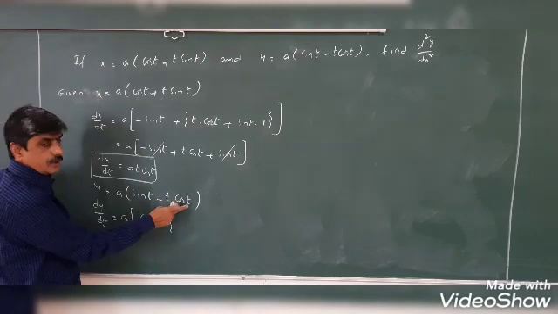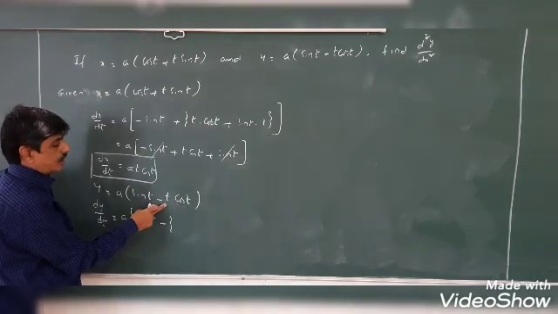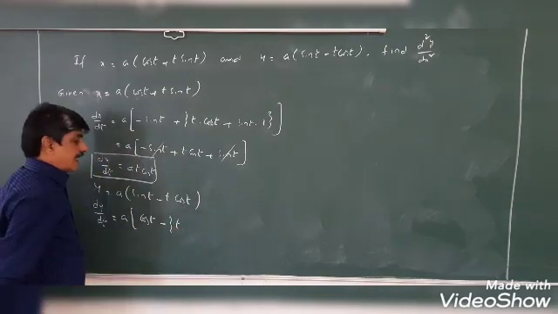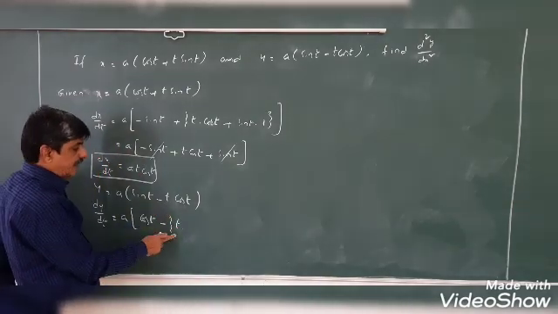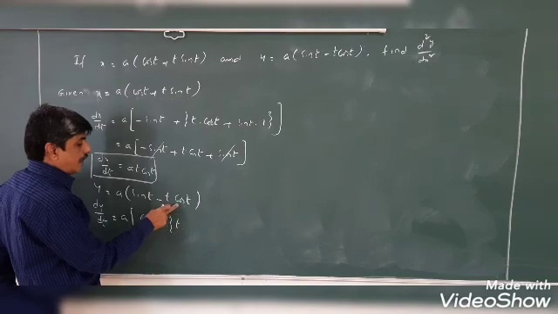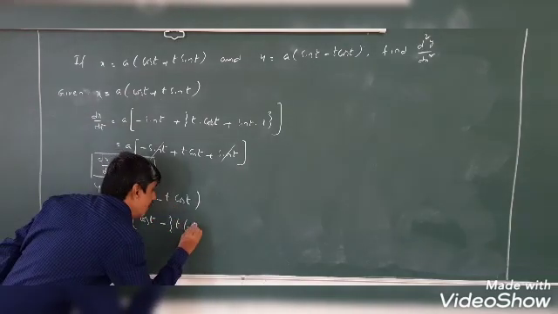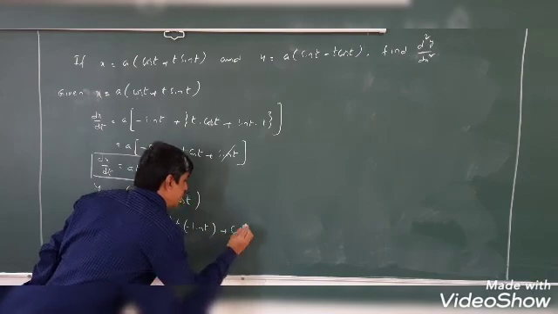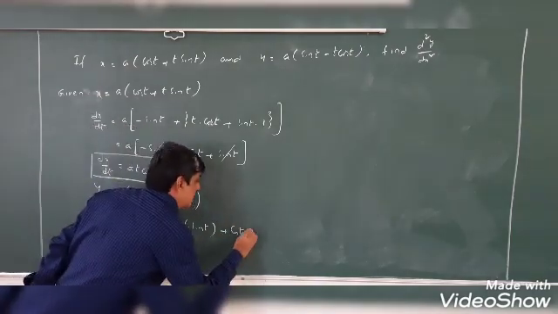So t cos t means use here the u into v formula. So t, keep it same here. Derivative of cos t is minus sin t, plus cos t, keep it same. d by dt of t is 1.